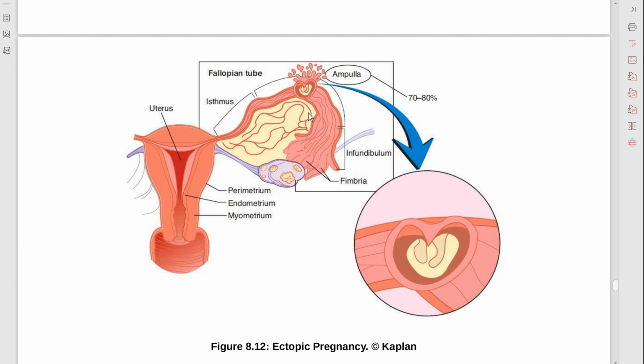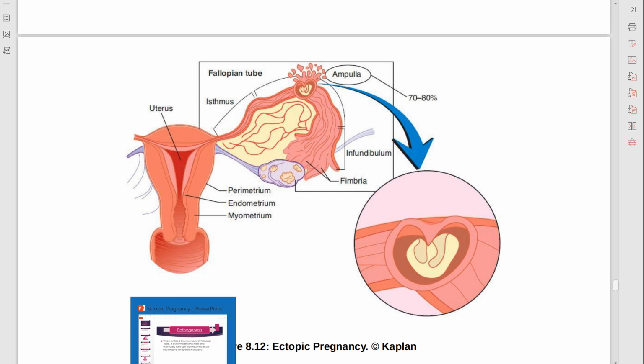Now what happens is that when the fertilized ovum is not able to move from the fallopian tube to the uterine cavity, this fertilized ovum starts invading or it implants within the fallopian tube. Now as time increases, the size of the sac will increase, and eventually it will lead to rupture of the fallopian tube, and when it ruptures, it will lead to massive intraperitoneal bleed.